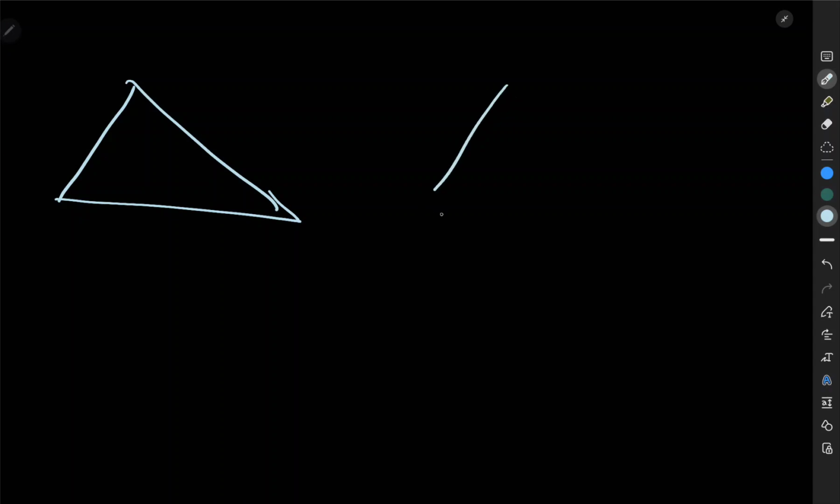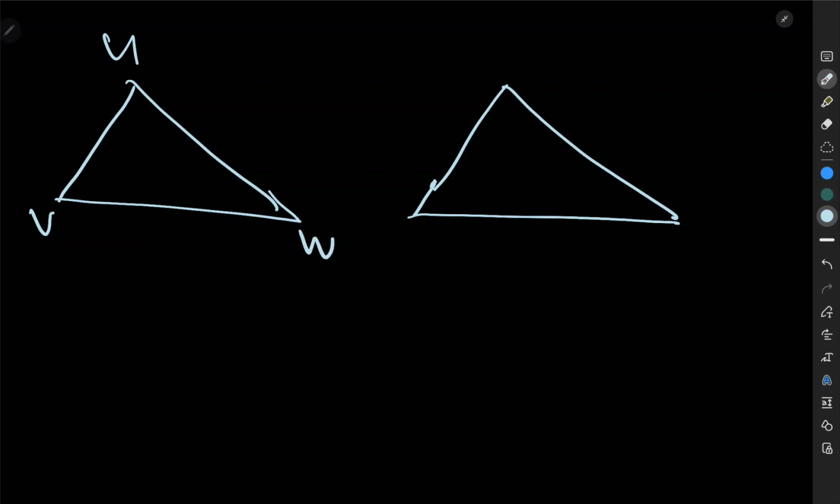Okay, 2 triangles. Let's say this is the second triangle, and we call that UVW, and we call the other one XYZ.